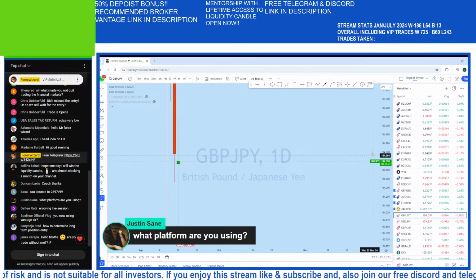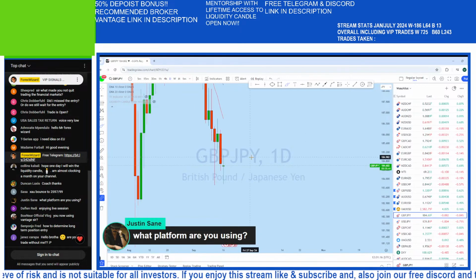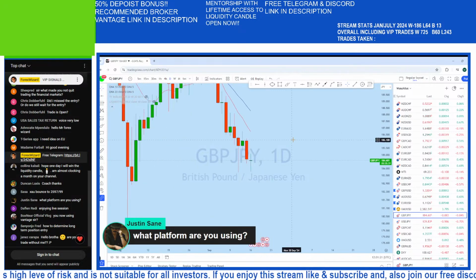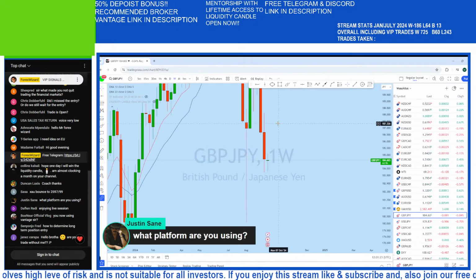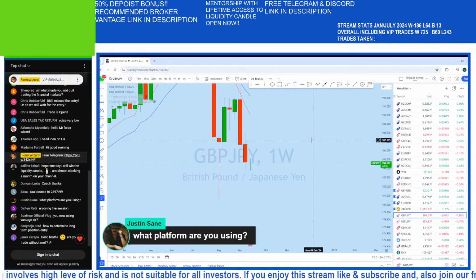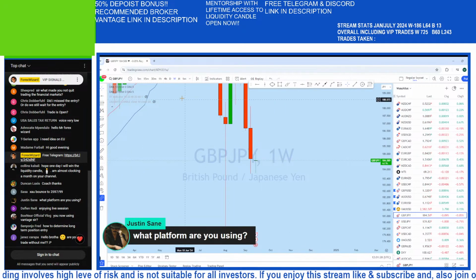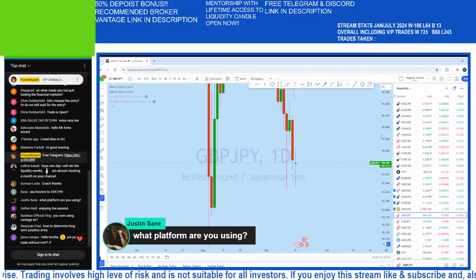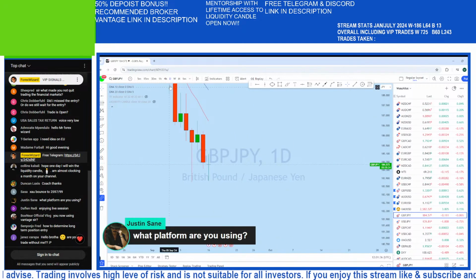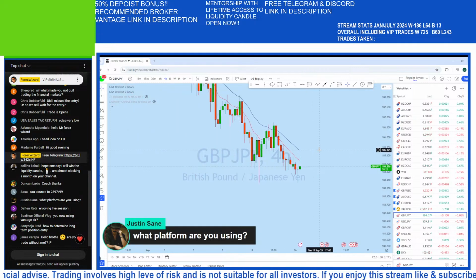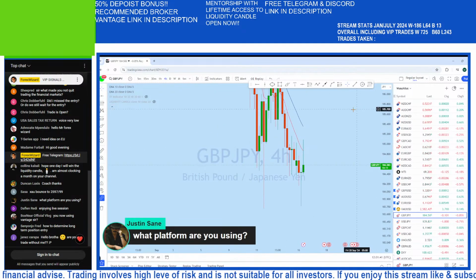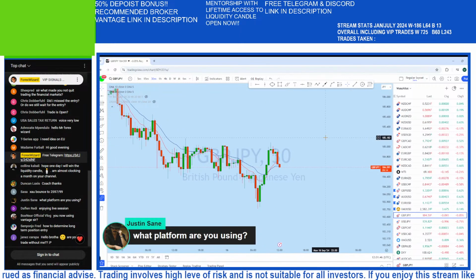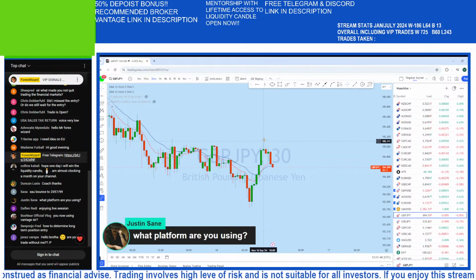Looking at the daily, the long-term picture on GJ is a long-term bearish market. So you can see here a very strong bounce.